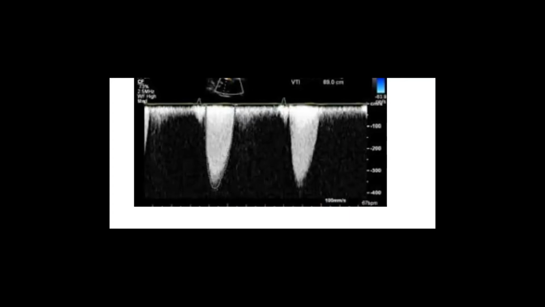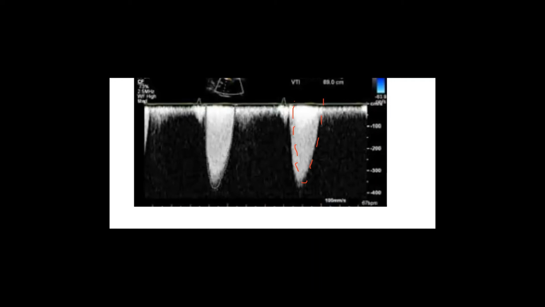You remember when you are tracing the velocity, you will get some dots, right? What are these dots? These are sample velocities selected by the software. So they select, let's say, 20, 30 velocities across the spectrum, this envelope.